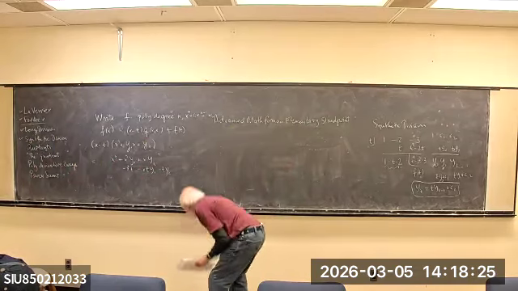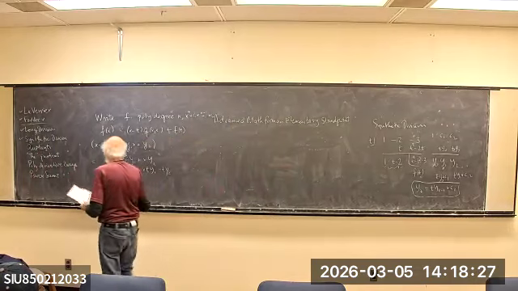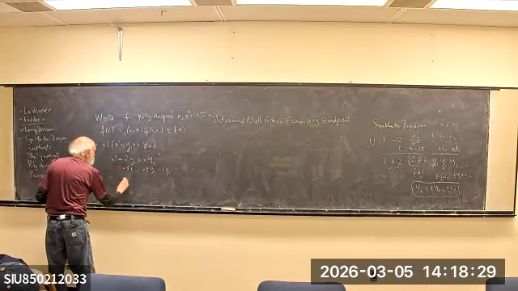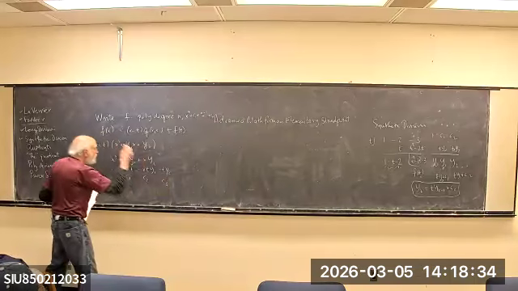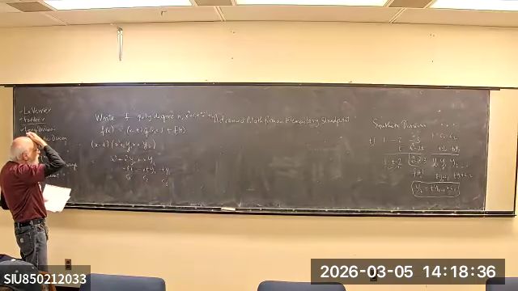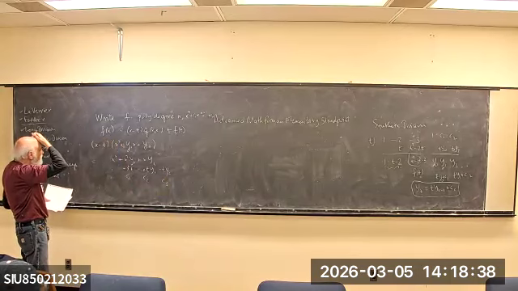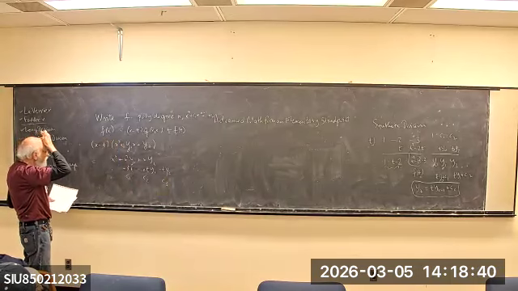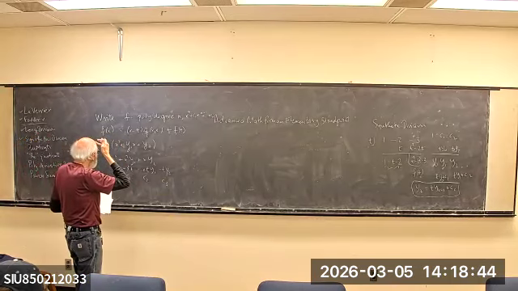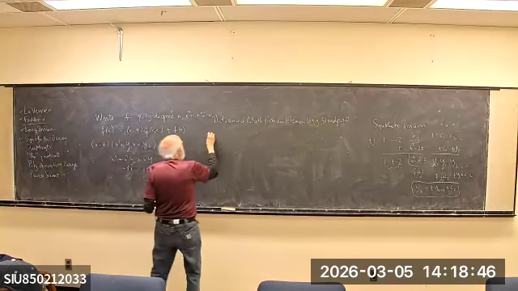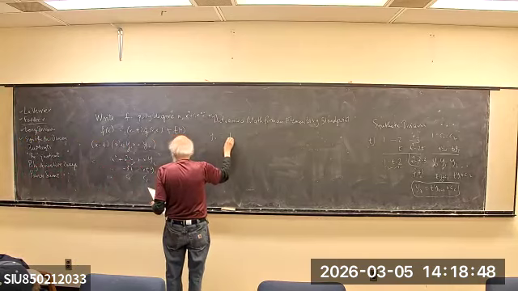Okay, so this would be x cubed. This would be C1, C2, and C3, right? I did something that's missing here. So I set y0 equal to 1.